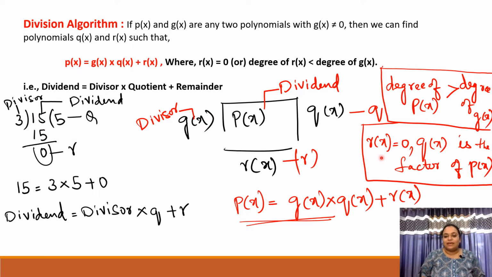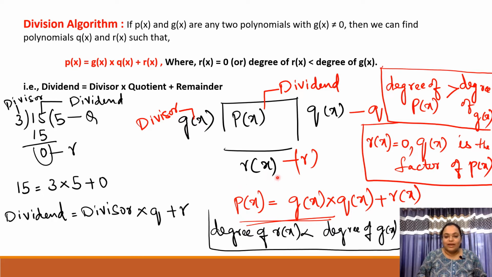So in the same way, if R is equals to 0, Q is a factor of P of X and G of X is also a factor of P of X. The degree of R of X will be less than the degree of G of X. The remainder what you get, the degree of this remainder will be less than the degree of this divisor.